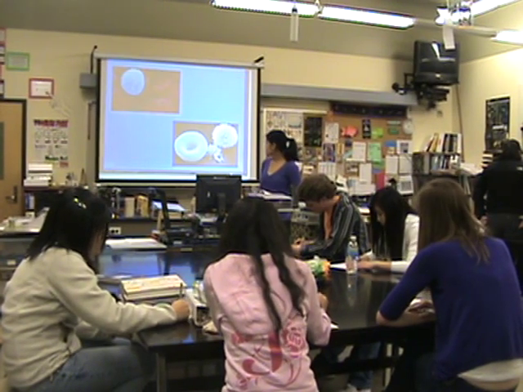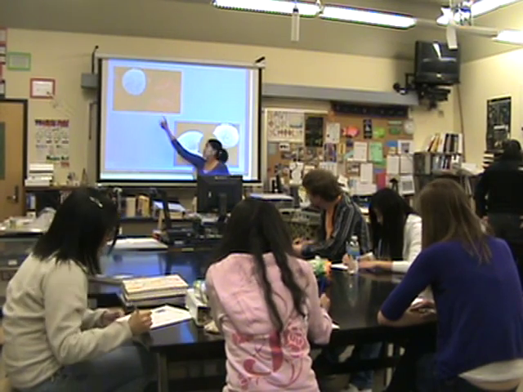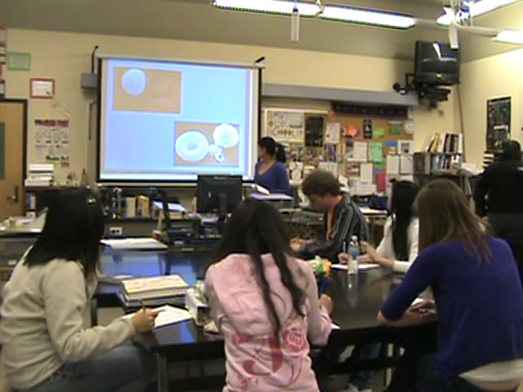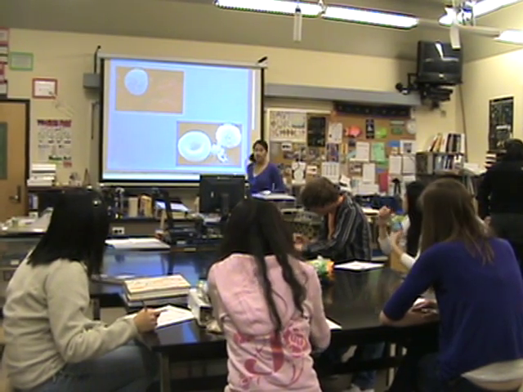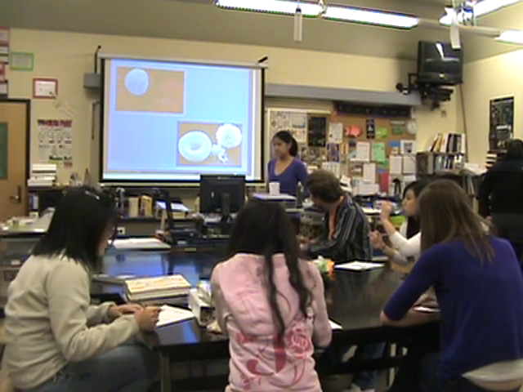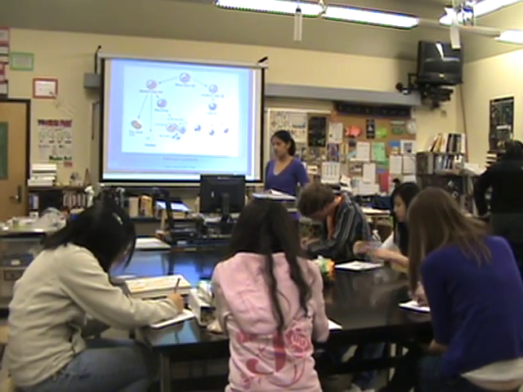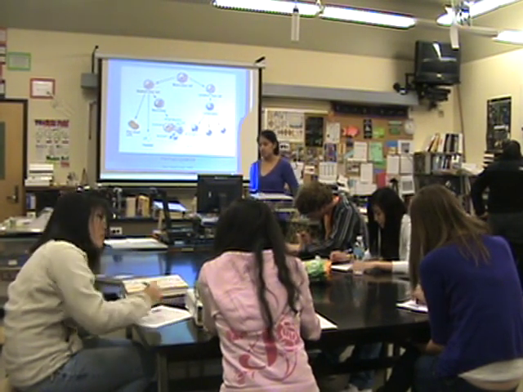And so over here are red blood cells, and at the top is a picture of a white blood cell. And then over here, this is a platelet, and again, this is a red blood cell and a white blood cell. Okay, right. And this diagram just shows the hemopoiesis process.